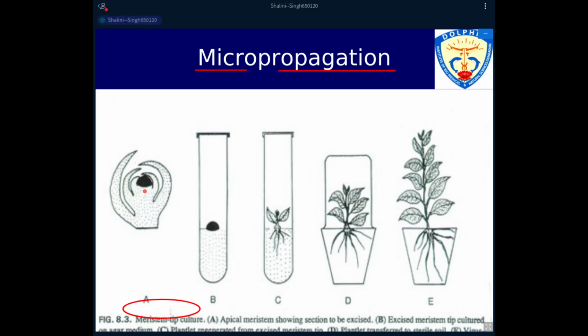So how do farmers multiply them? For example, sugar cane: its nodal segments are taken as planting material. When these nodal segments are being cut from the mother plant, the farmers use the same instrument, the same sickle.